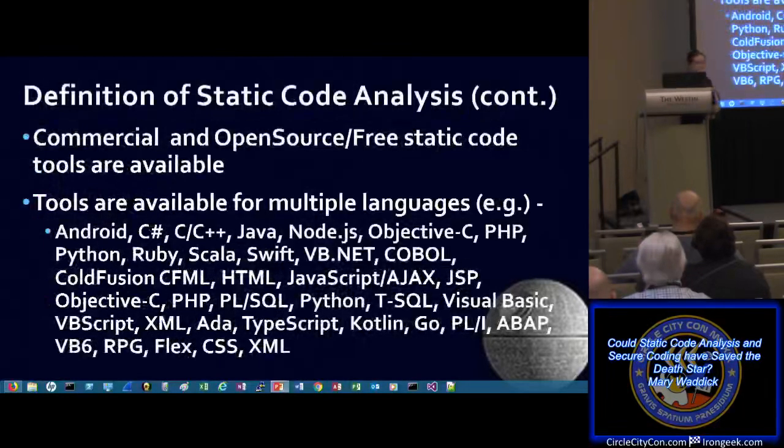We use more of the commercial side of the static code analysis, but there are open source tools as well. Tools are available for almost any kind of language you can think of. Like I said, we've got Ada, C. We're going to be having some Androids that hopefully we'll be able to scan soon. And they're kind of interested in us actually scanning some of the Android tools soon. We've got the VB, the XML.